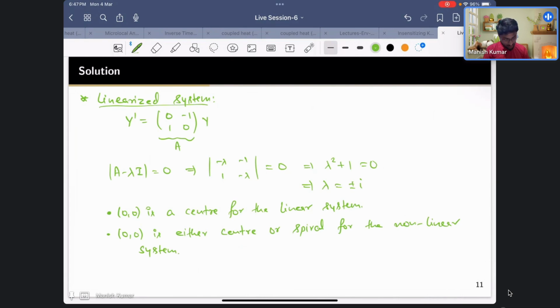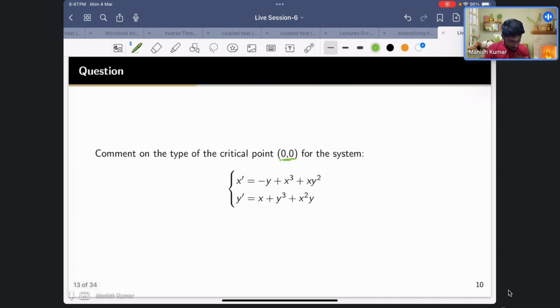So here we'll try to deal with it independently. This is the system that you have. Now if you multiply this by x and this by y and add them up, that is x x prime plus y y prime, these will cancel out: here you will get minus xy and here you will get xy, so these two add up to 0.